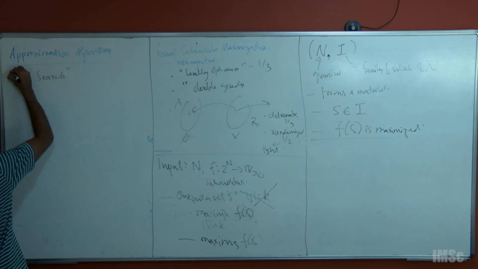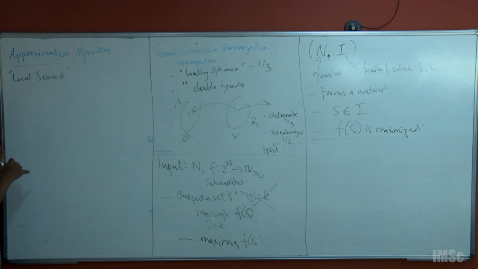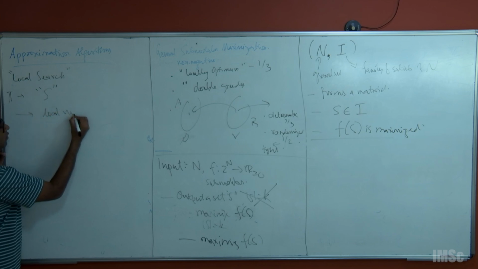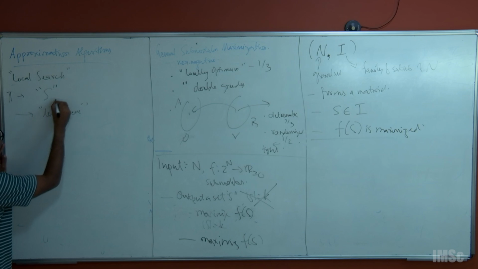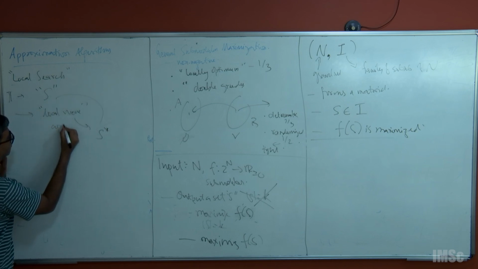So, what is the local search paradigm? At a very high level, the idea is that you are given a problem pi and a solution S, and you define some notion of local move, and you try to go to S star by applying this local move, okay.